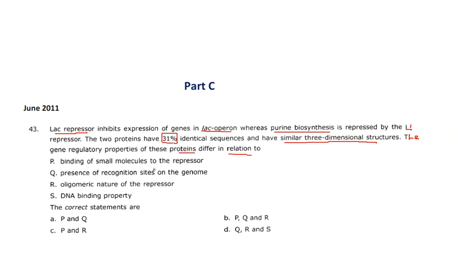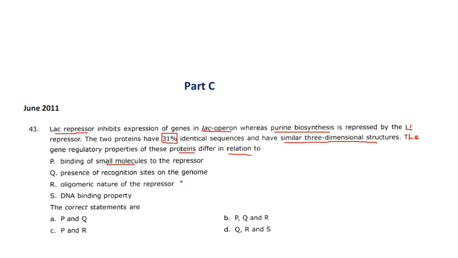Binding of small molecules to the repressor: if you have read about the lac operon, you know that when allolactose binds to the lac repressor, the repressor cannot bind to the operator, as a result of which the operon will be on. So small molecules binding to the repressor is correct. Next is the presence of recognition sites on the genome.